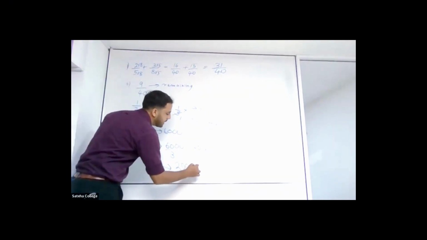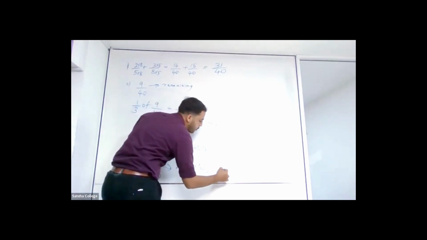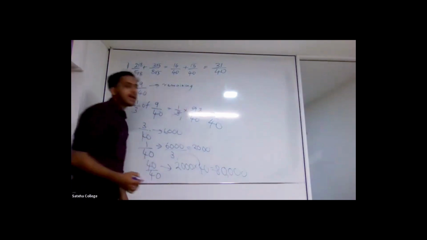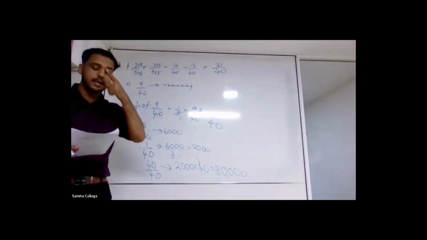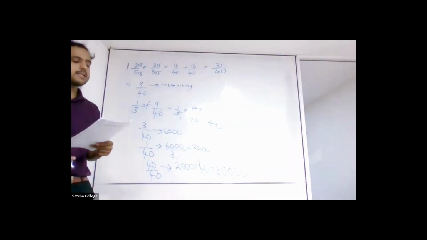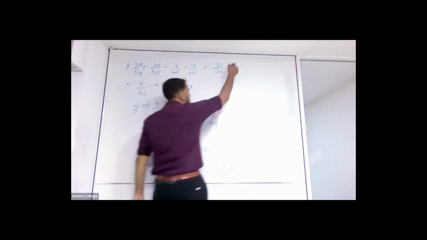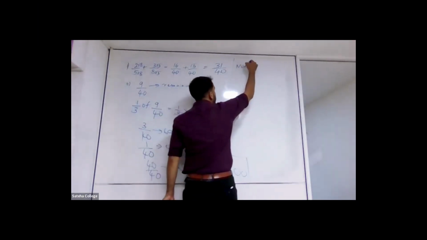Then 2,000 into 40. 4 into 2 is 8. We have 4 zeros and those 4 zeros. Right? What do you have now? 80,000. So the value of all the cosmetics is equal to 80,000. Is that clear until that point? Right. Good. Now after that, again there is another mandate question, right?